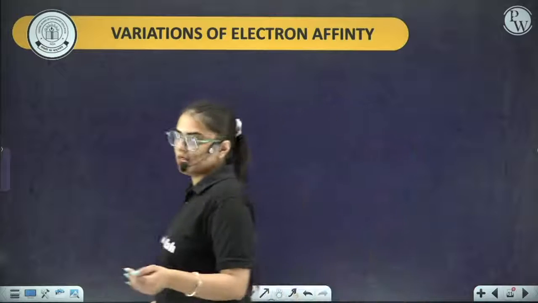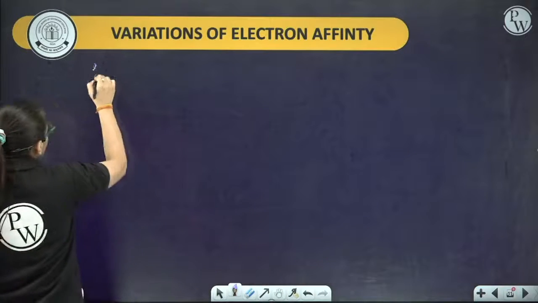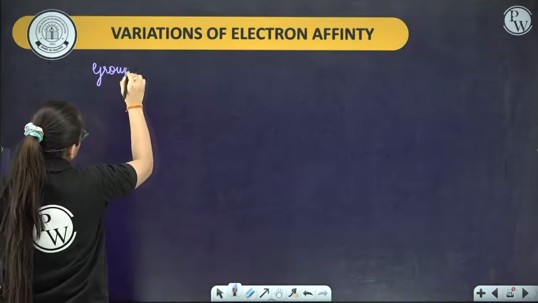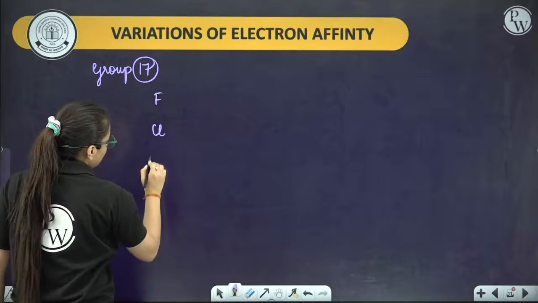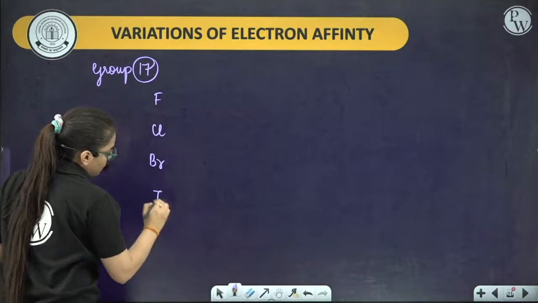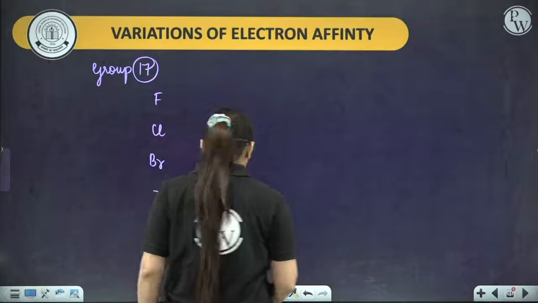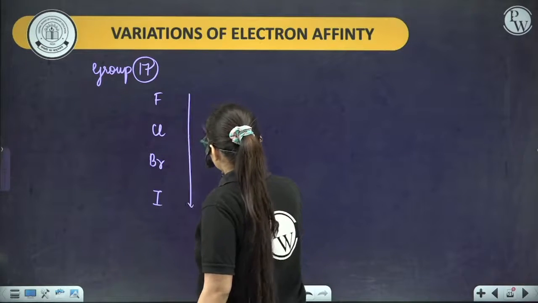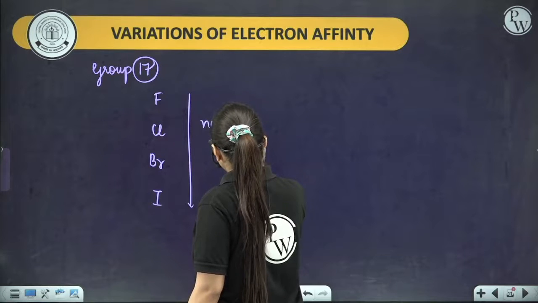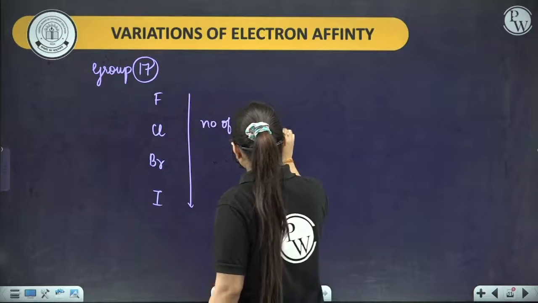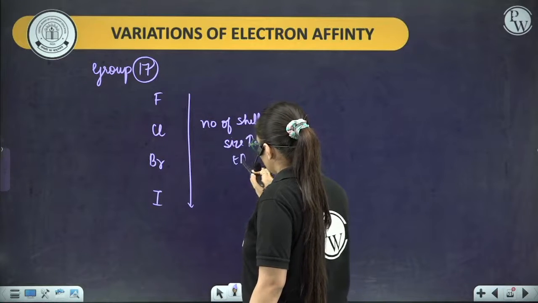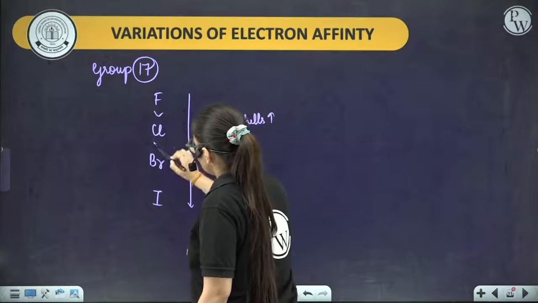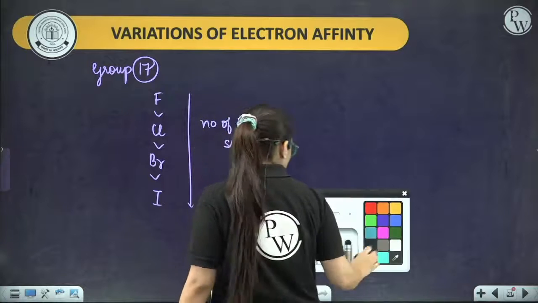What is the exception? Let us talk about your group number 17 first. Fluorine, chlorine, bromine, iodine. See, in these cases, what will happen? I've already told you, when you are moving from top to bottom, number of shells are increasing. So size basically is increasing. Electron affinity will decrease. So that means this should be the order, but this is incorrect.